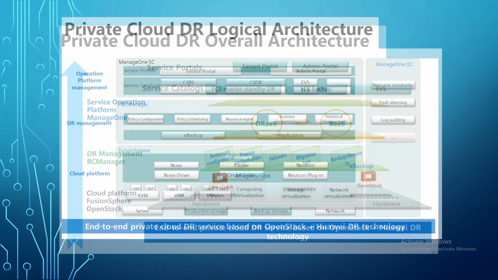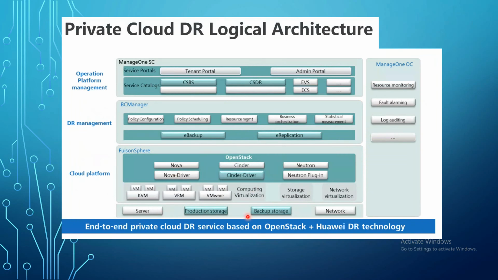So this is the logical diagram. For example, you have server, production, storage, backup storage, network, and on top of that, we have KVM, VRM, or maybe VMware as well. So this is compute virtualization, storage virtualization, and network virtualization. And on top of that, we have FusionSphere OpenStack. These are the OpenStack components already installed.